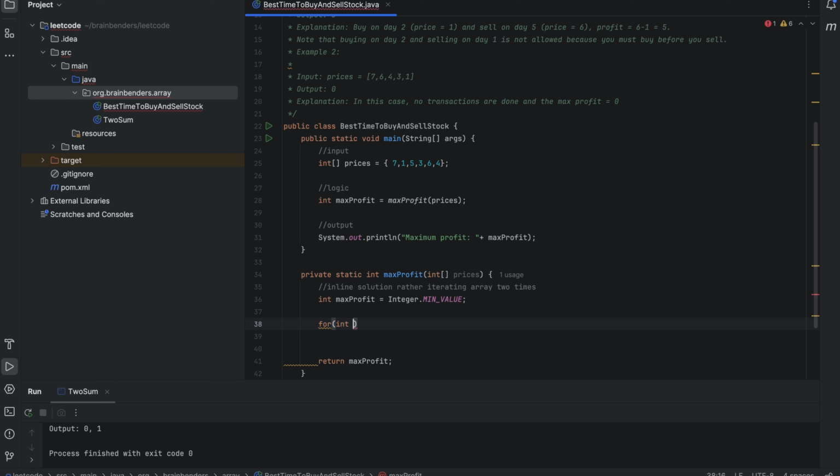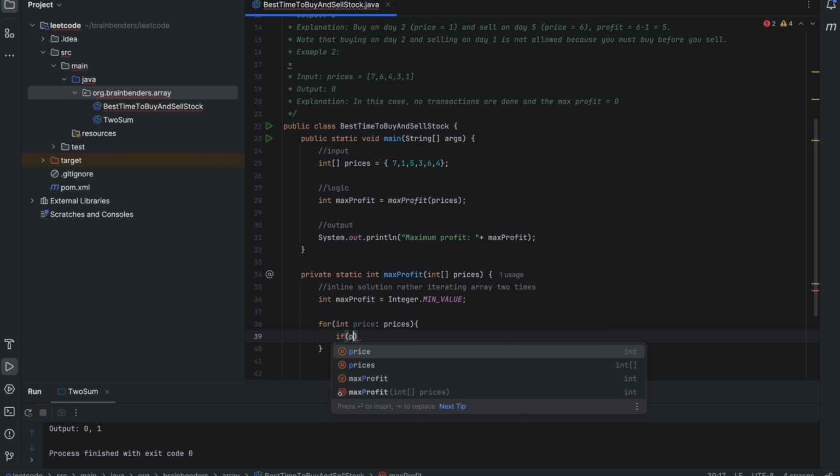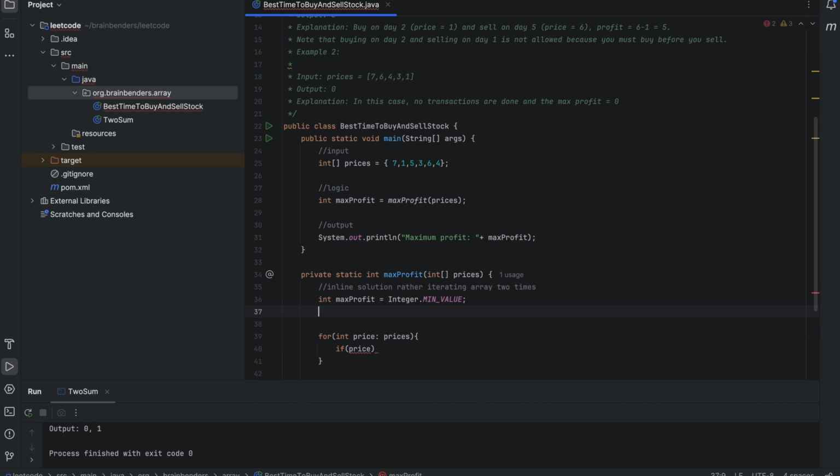So I just do int price in prices. I need to play around with minimum price also. Min price is equal to Integer dot max value.